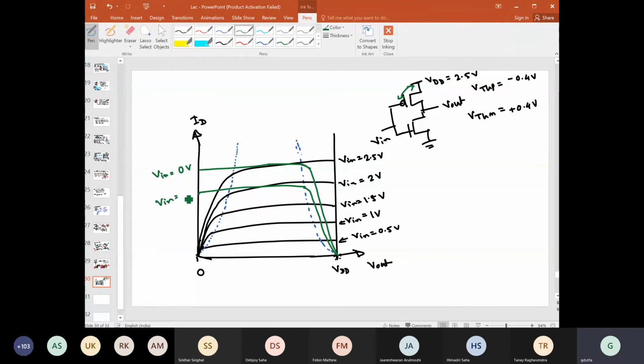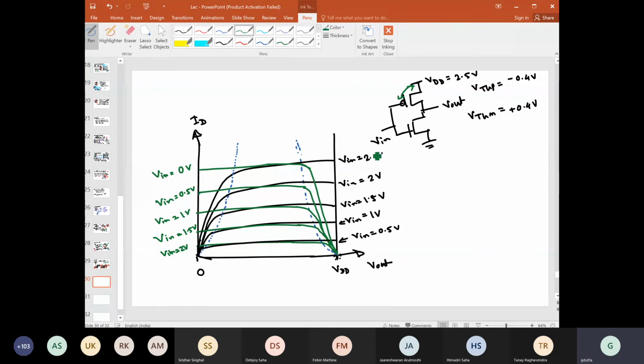And the next one, here this is V in equal to 0.5 volt. The other one is this, here it is V in equal to 1 volt, here it is V in equal to 1.5 volt, here it is V in equal to 2 volt.